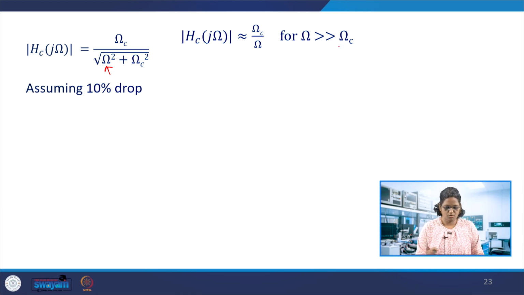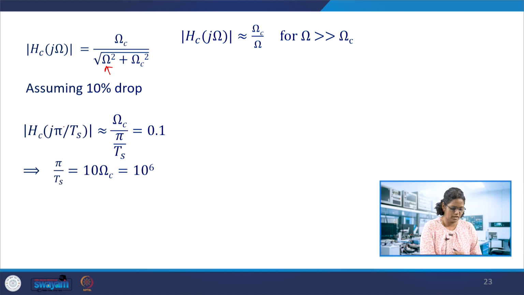This holds true if we take a 10% drop in the magnitude, so omega is pi by Ts. Taking the magnitude response as 0.1, a 10% drop of the magnitude can be used for designing the filter and fixing Ts.